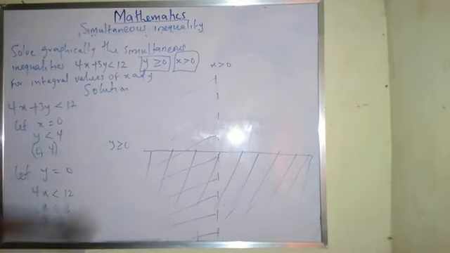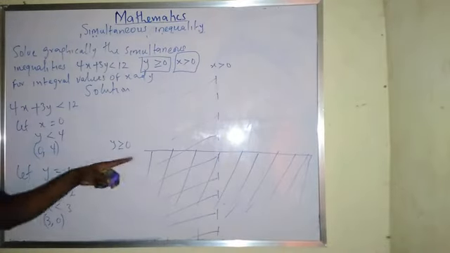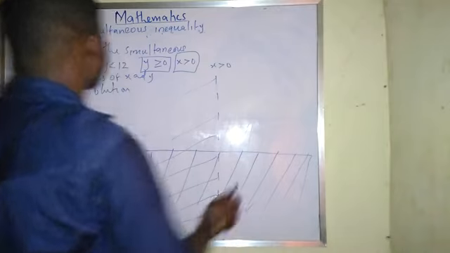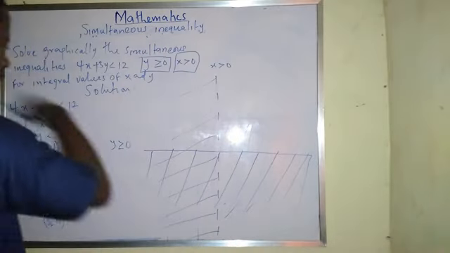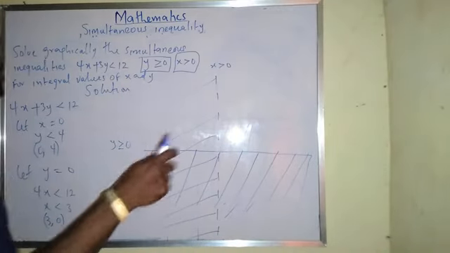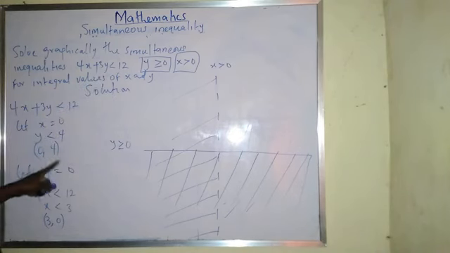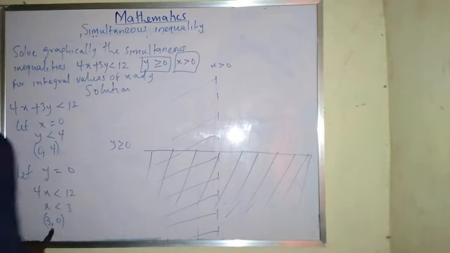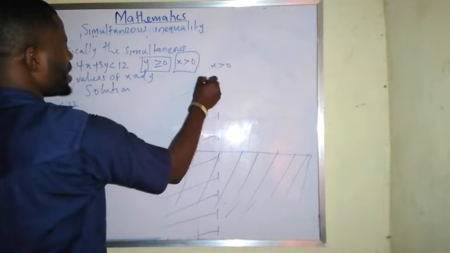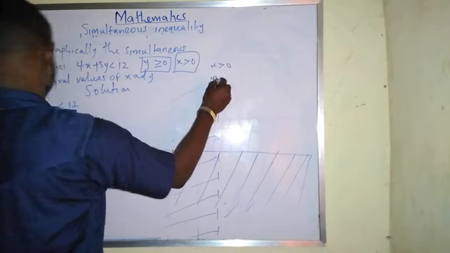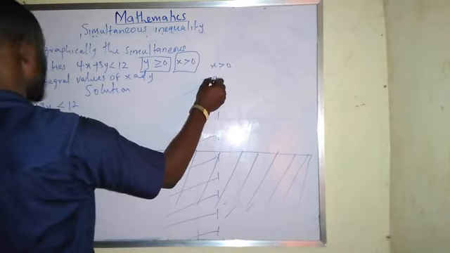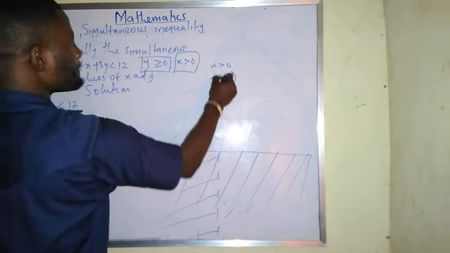Now, I've indicated my line. Please make sure you indicate your line when you are on your graph. I may not do it in the first one. If I did not do it, maybe there is a mistake. Now, this one is 4. Why this one is 3? It means I will be talking about 4 here. And this one, the point will now be 0, 4.